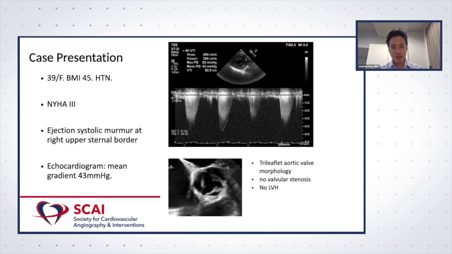On physical examination, the murmur was reproduced, but maneuvers on dynamic auscultation essentially did not change the murmur. We can see on the view that the aortic valve was opening well. There were also no significant features of abnormal asymmetrical left ventricular hypertrophy that would point towards the diagnosis of hypertrophic cardiomyopathy. So we took this patient to the cath lab.